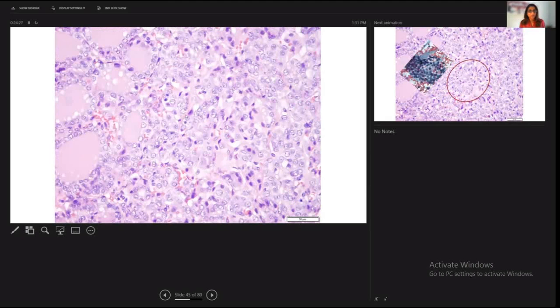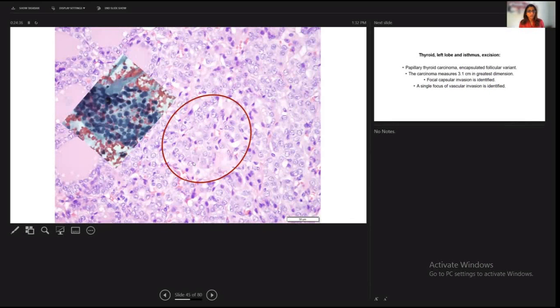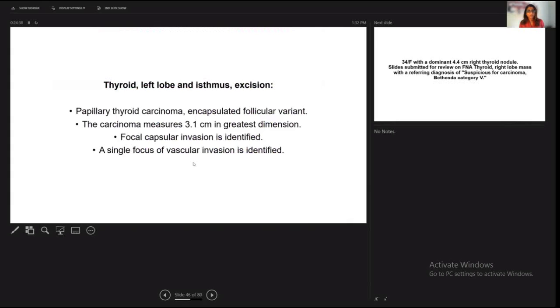Cytology-wise, the cells are pale, very much like papillary features, pale, overlap, small nucleoli peripherally placed, all features that we would consider papillary for. And so this was signed out as papillary thyroid carcinoma, encapsulated follicular variant. And there was focal capsular invasion that we saw. And also there was a single focus of vascular invasion.